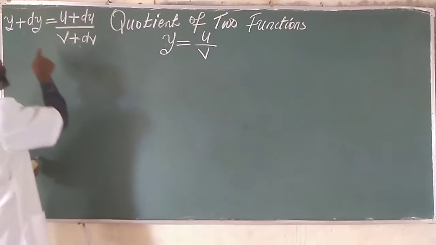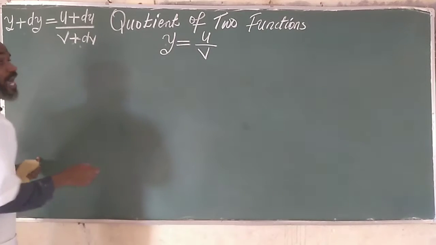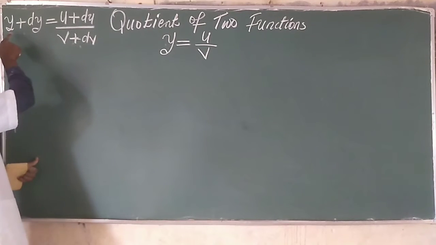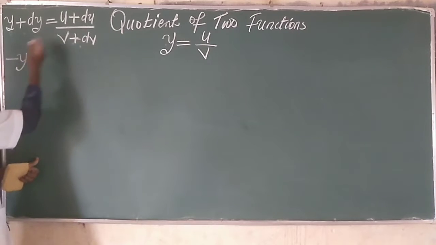We now make dy the subject by removing y. How do we remove y? By introducing minus y, because this y is already a positive y. So we introduce a minus y both sides.